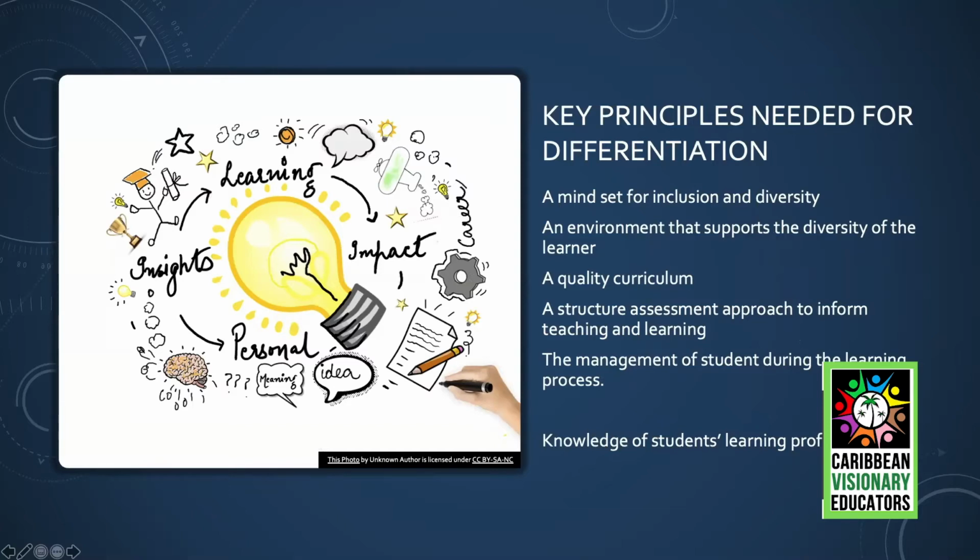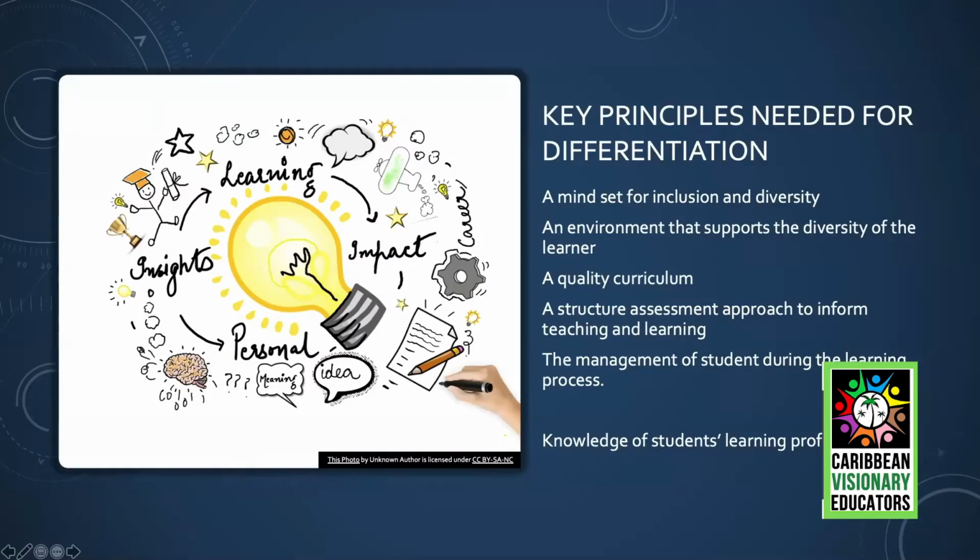And if we are thinking about differentiation, we must have a quality curriculum. The curriculum should be designed in such a way that it gives consideration to all aspects of that population. As we move forward, we also must realize that it must have a structural approach of assessment to inform the teaching and learning process. So if you're thinking about differentiation, you have to think about these terms.